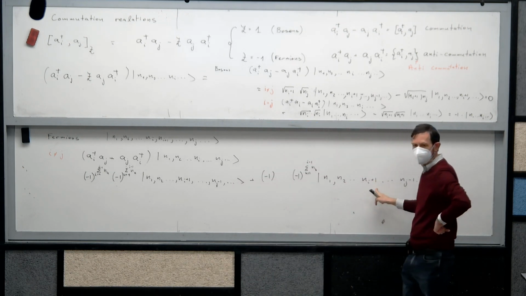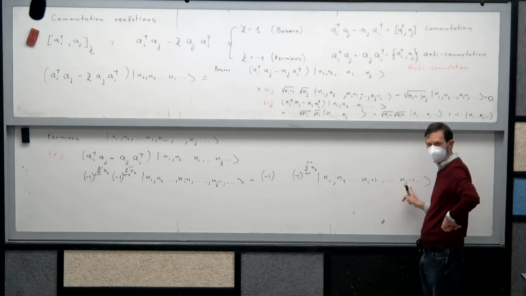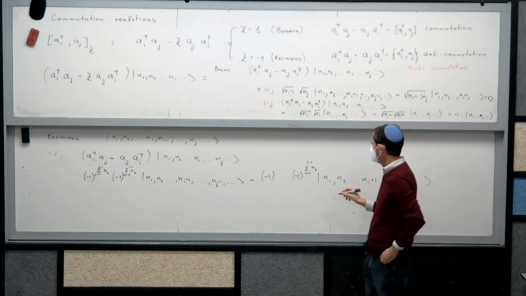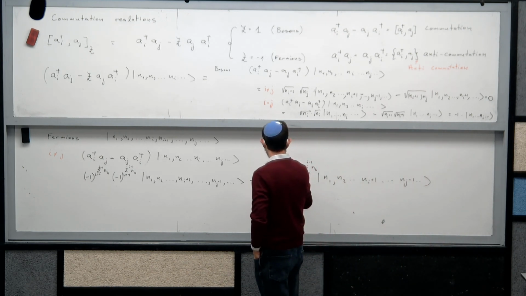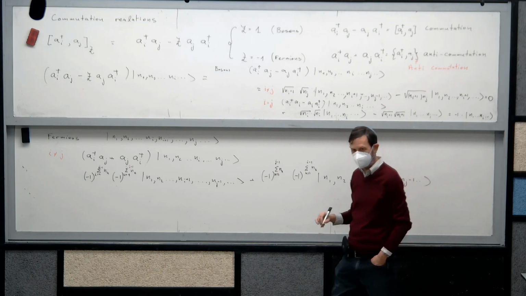But for the second guy, when I'm going now to remove the guy at n_j, I have to sum up on all these states, but here something happened.